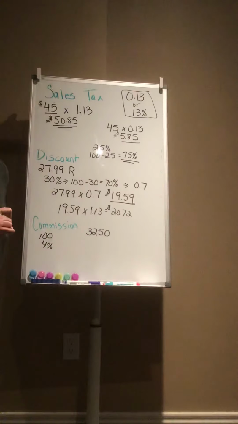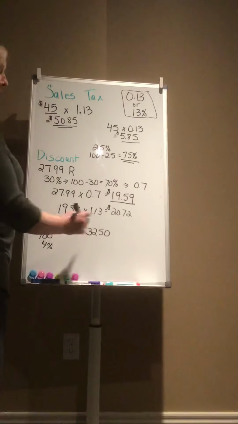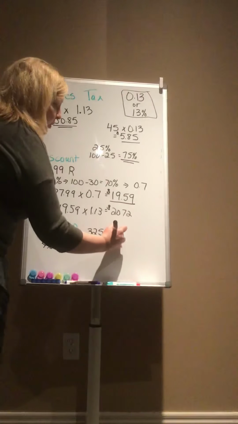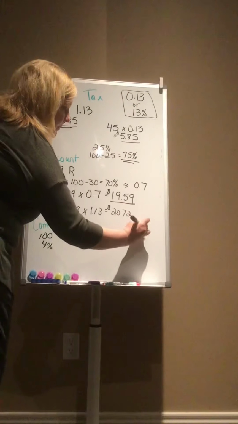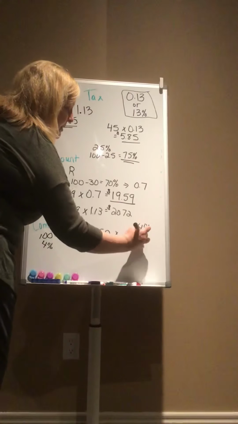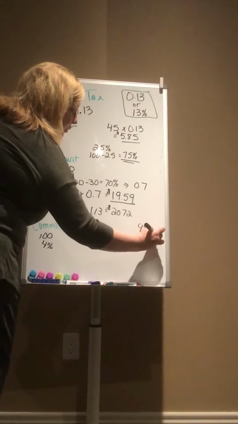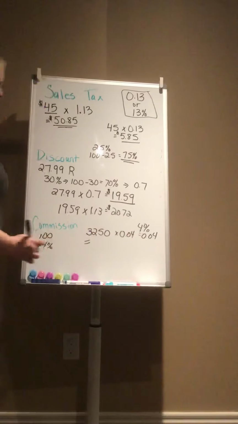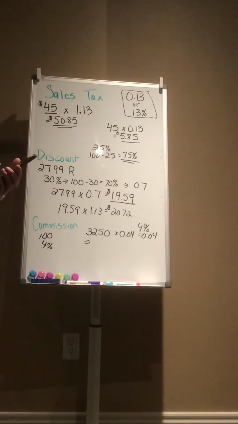So I have $3,250 I made for Sport Check. Wish it was my money in my pocket, right? That's what you would like. But you're getting 4%. And again, 4% as a decimal is 0.04. That's what I'm going to multiply how much I sold for Sport Check. Grab my calculator.